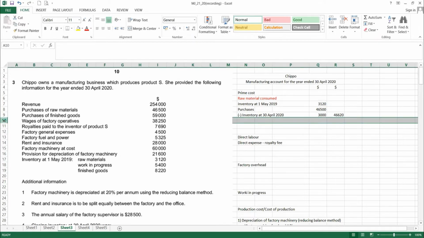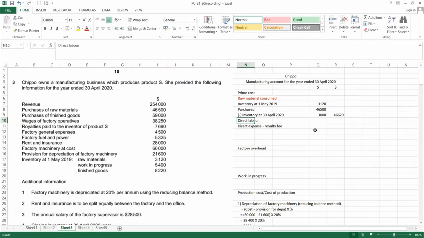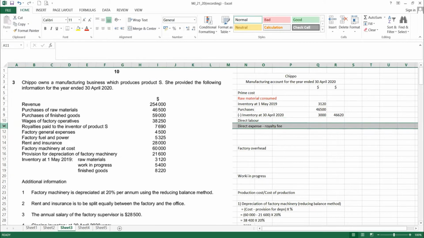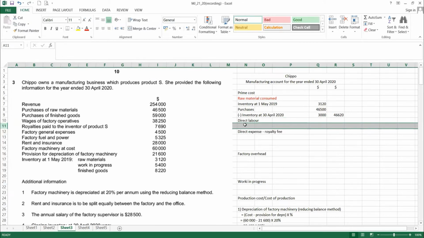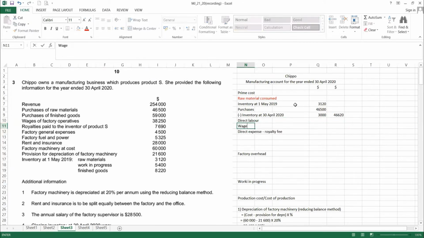Okay. Next is the second one, direct labor. Which one is the direct labor here? Wages of factory operative. So this wages of operative is a direct labor. So you don't want to leave, you want to leave this one, okay. If you don't want, then you just directly put in the wages of factory operative.